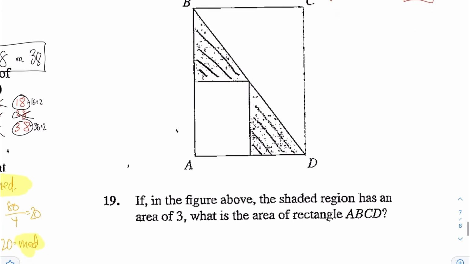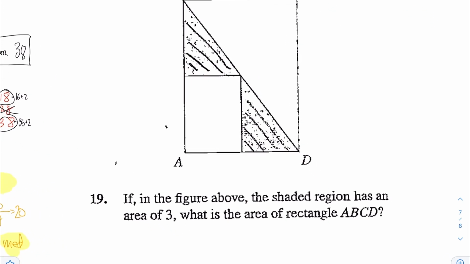All right, next for number 19. If, in the figure above, the shaded region has an area of 3, what's the area of the rectangle ABCD? All right, so here it's actually really symmetric. This piece will cover up that piece, so this box will be 3. And you can actually make 4 of those boxes.